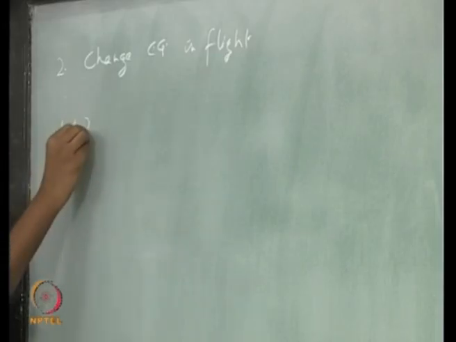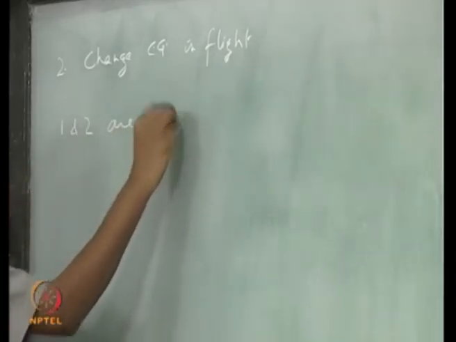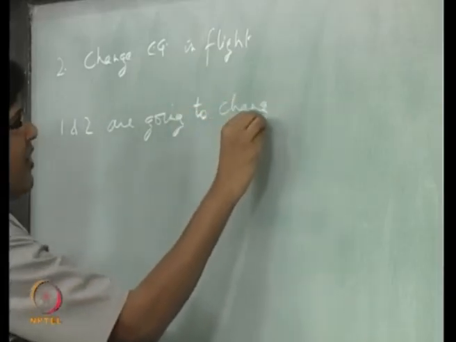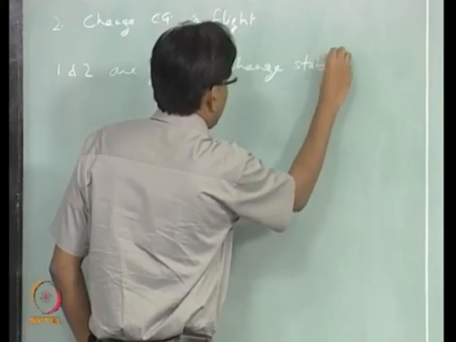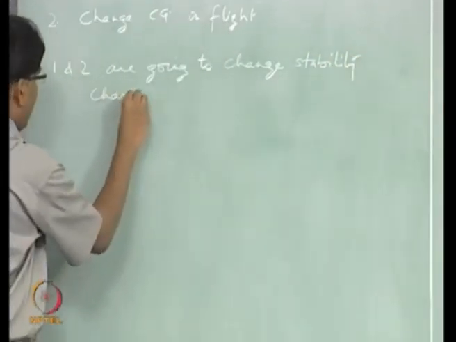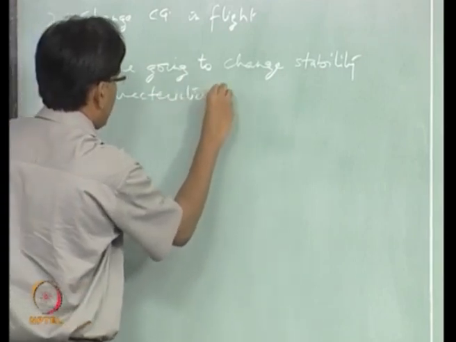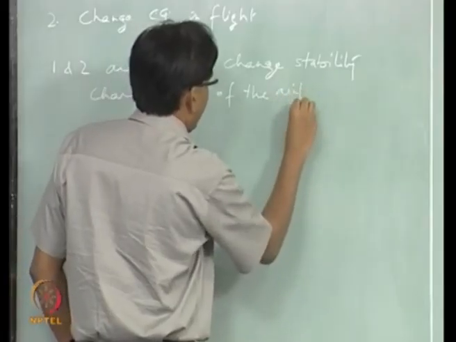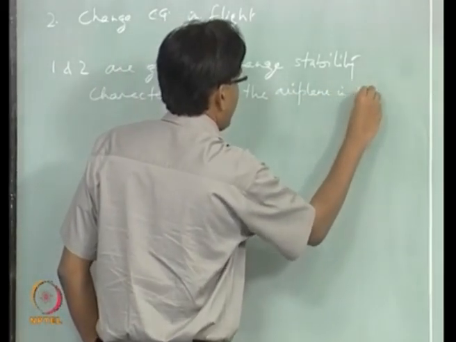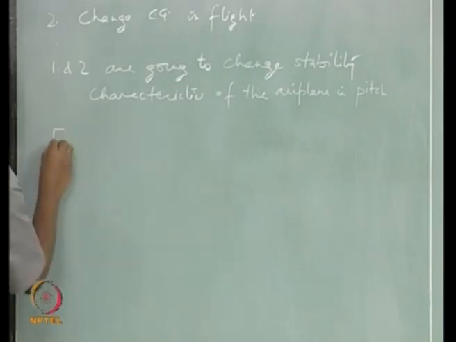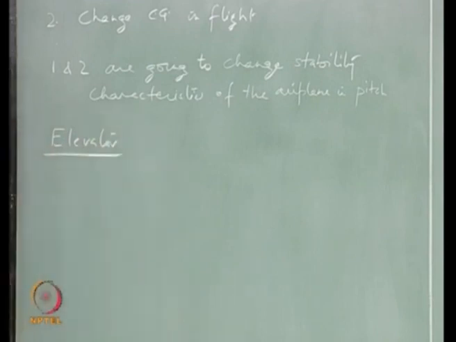So, 1 and 2, okay. I do not want to do that, right, I do not want to do that, and that is where we come to the third control that we talked about, that is the use of elevator, right.